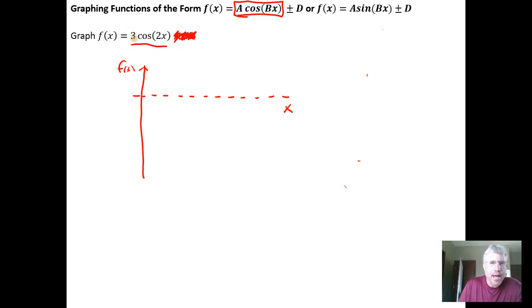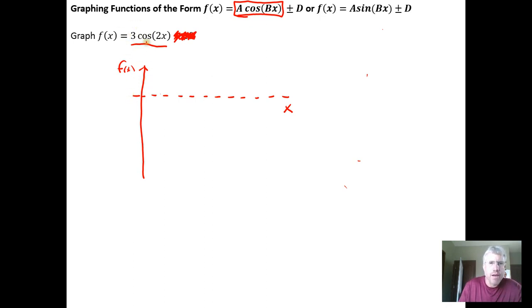Well, we know that the cosine function starts high, goes to its midline, which is the x-axis, goes below the midline to its lowest point, comes back to its midline, and returns to its highest point, and then it continues that pattern over and over again. And it's going to do that unless there's a negative sign on the coefficient reflecting it over the x-axis, which in this case there isn't.